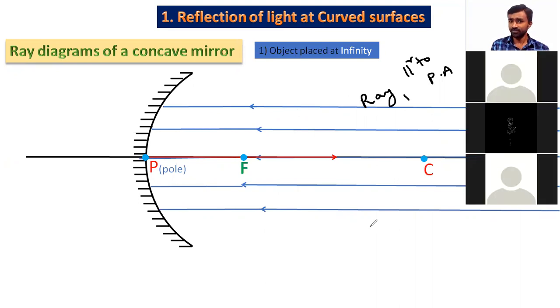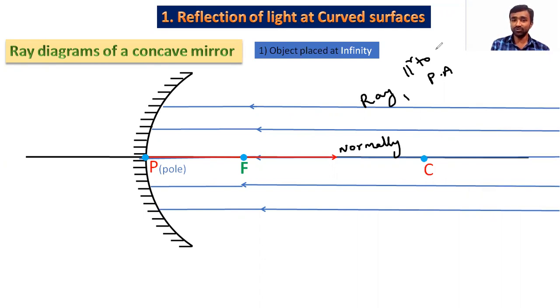Because angle I is equal to angle R. Angle I is 0 and angle R is also 0. So what can we call that? In this case, we can call it incident normally. That's why I showed the ray after reflection along the principal axis.